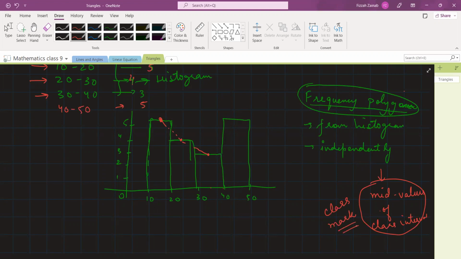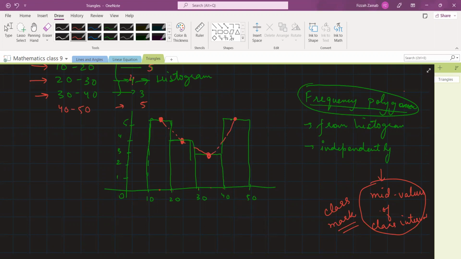Now try to understand. I'll write everything later on. Now see here. So 10 to 20, the mid value is 15, right? So you make a dot at 15 here. Then 20 to 30, the mid value is 25. So there's a dot at 25. Then this is 35 and the mid value of 40 to 50 is 45. And then you have to join all this.